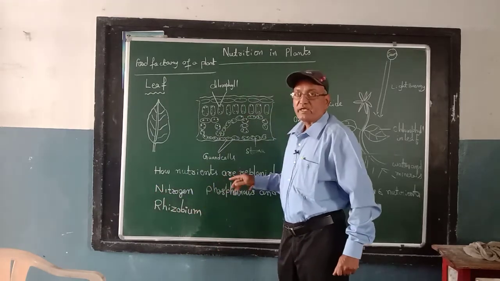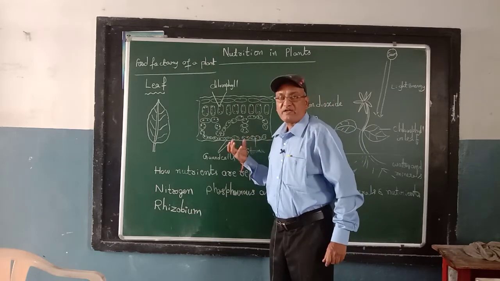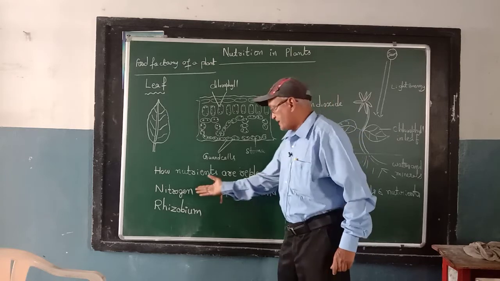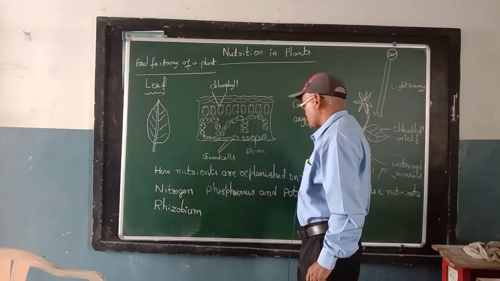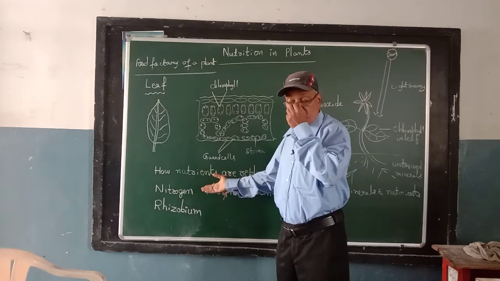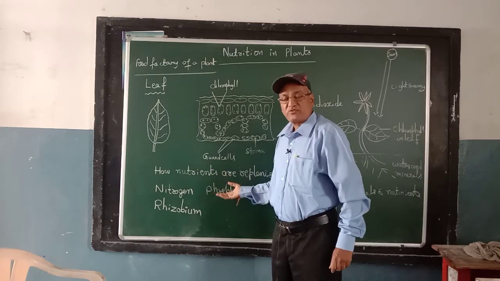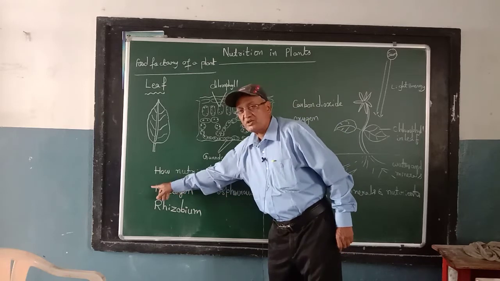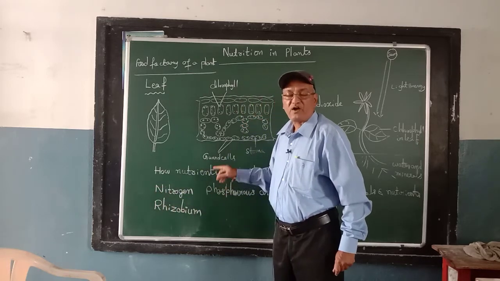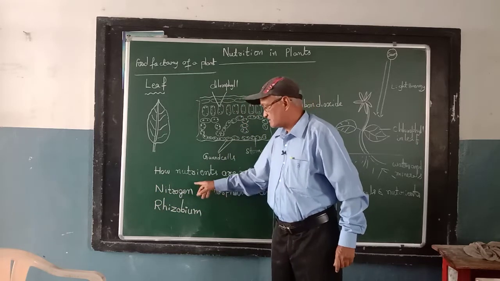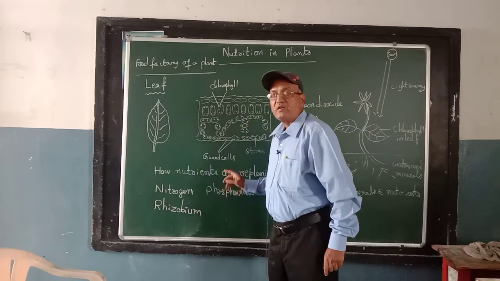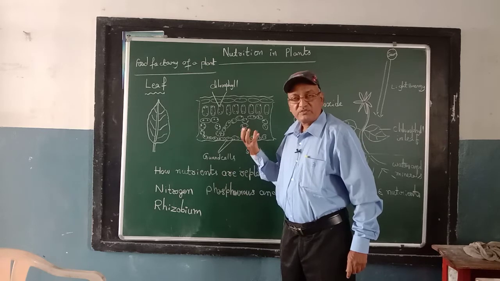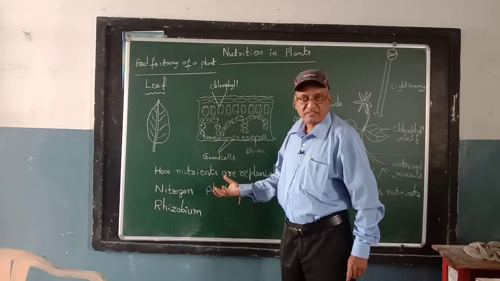As they put the fertilizers and manures, nitrogen, phosphorus and potassium, these three minerals will get to the plants. But nitrogen, which is required in plenty by the plants, will be provided to the plant by some other means.